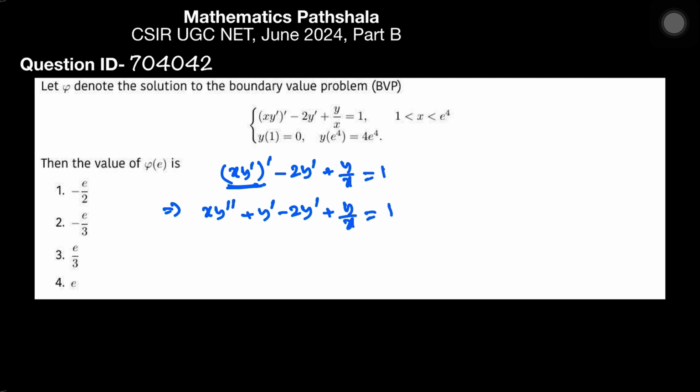So it can be written as x y'' - y' + y/x = 1. So it can be written as x² y'' - x y' + y = x.